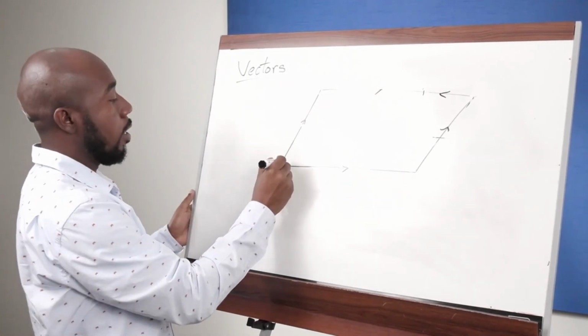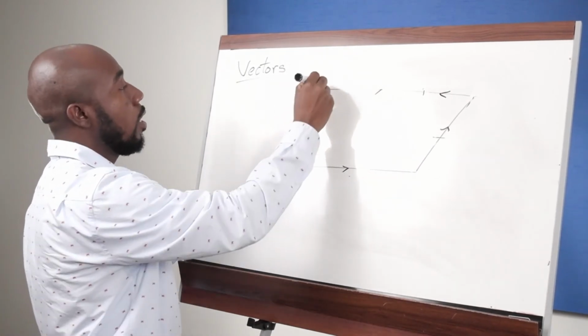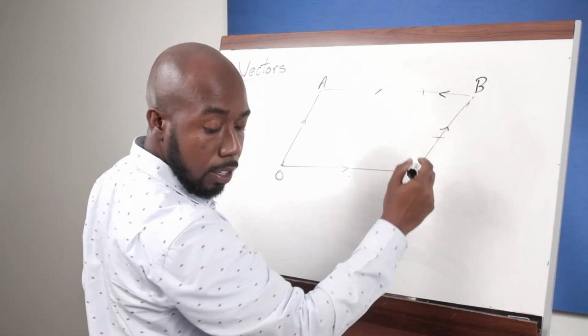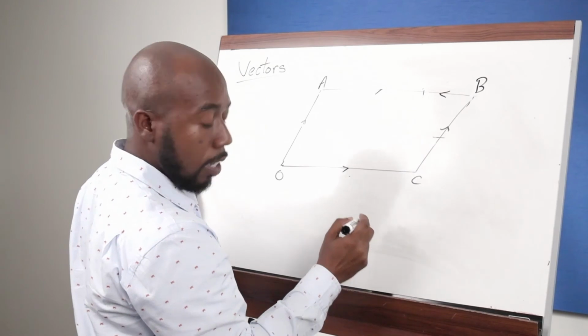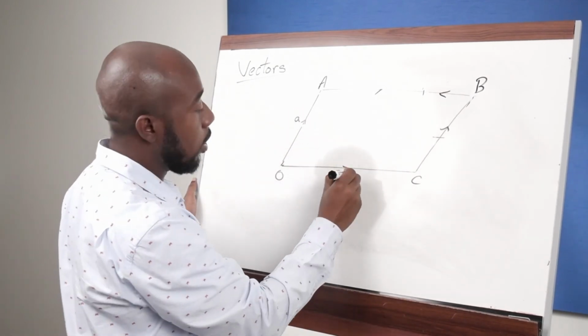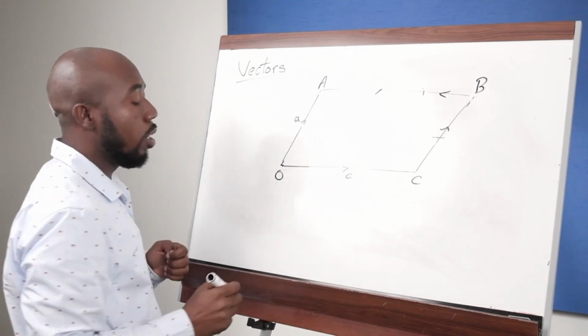So if we have another parallelogram, this is O, A, B, and C. And this is represented by small a, this is represented by small c. Note they are bold.